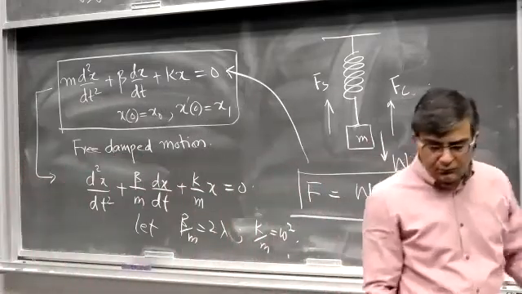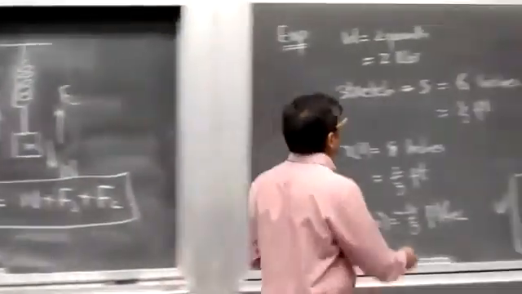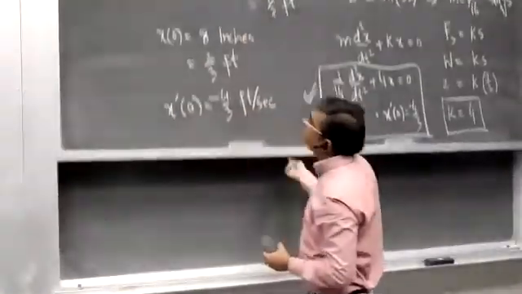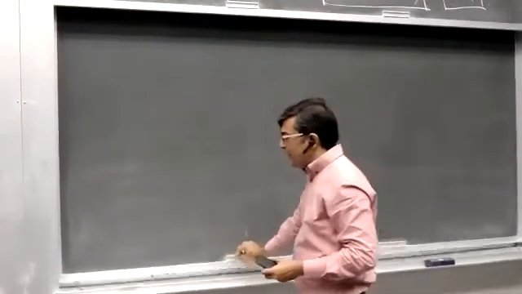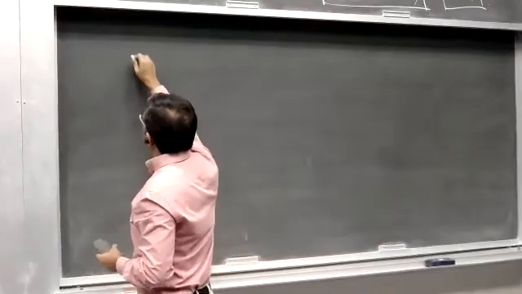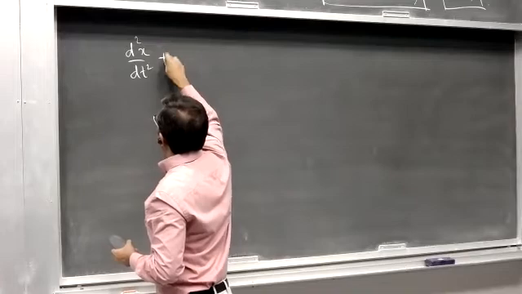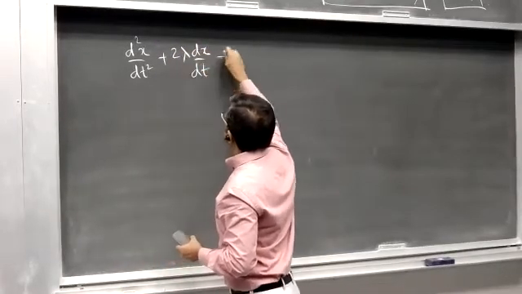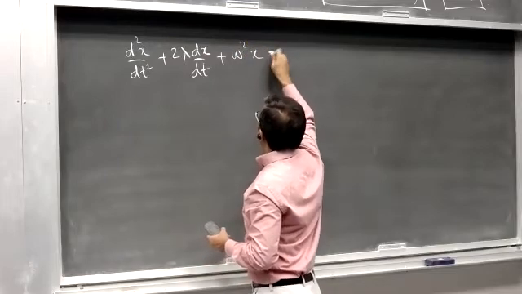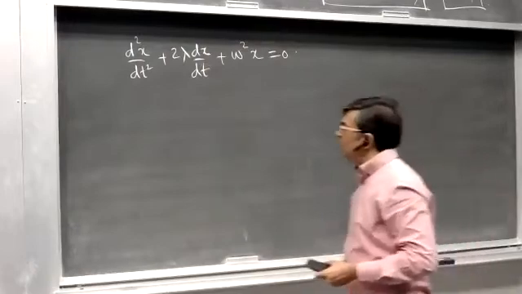Now, let me go to what we have obtained here. An equation of this form: d square x by dt square plus 2 lambda dx by dt plus omega square x is equal to 0. So this is the equation which we have to solve.